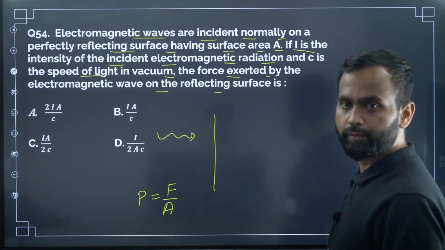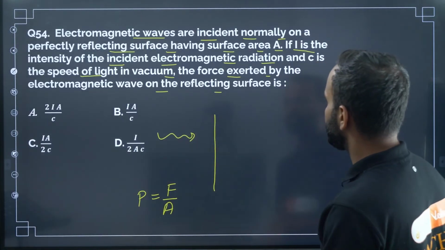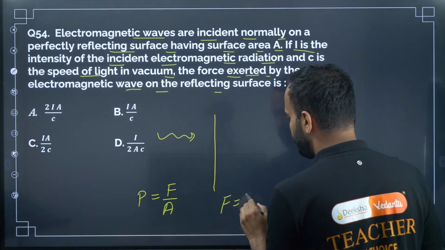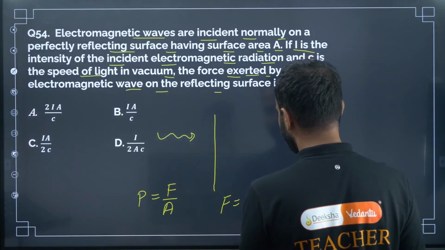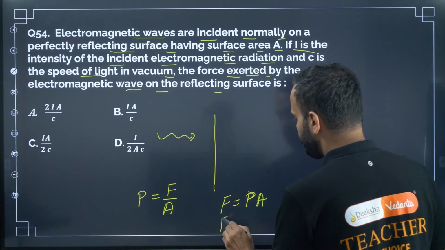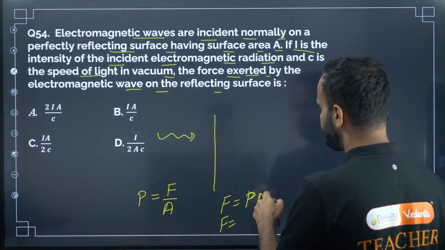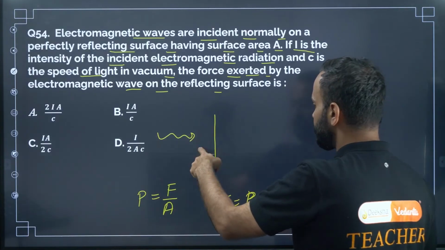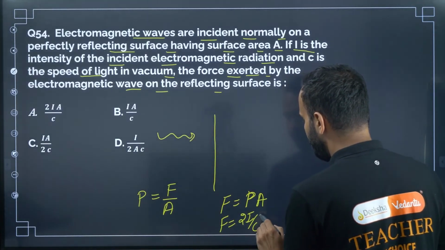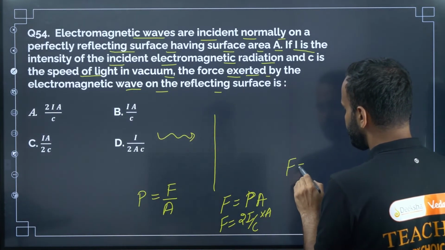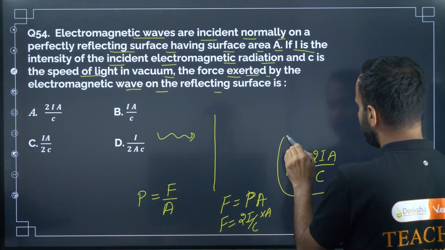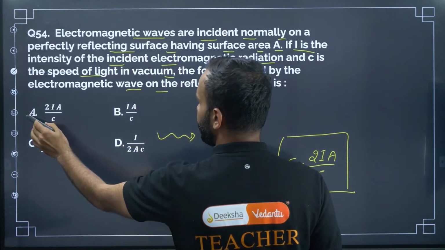They are asking for the force, so force F equals pressure P into area A. For a perfectly reflecting surface, the radiation pressure will be 2I by C. So force equals 2IA divided by C. The correct option is A.